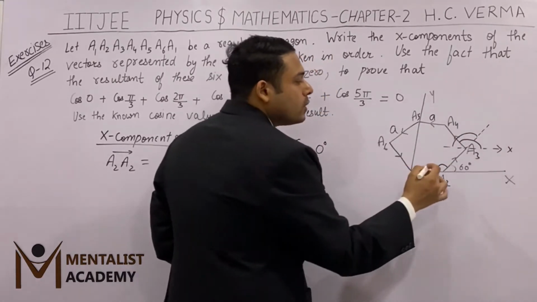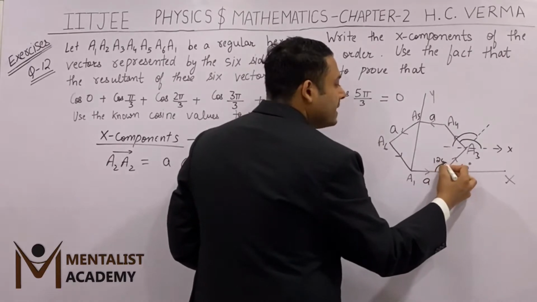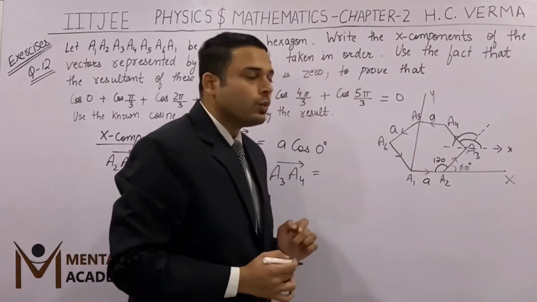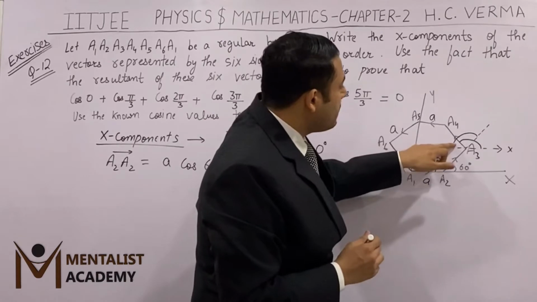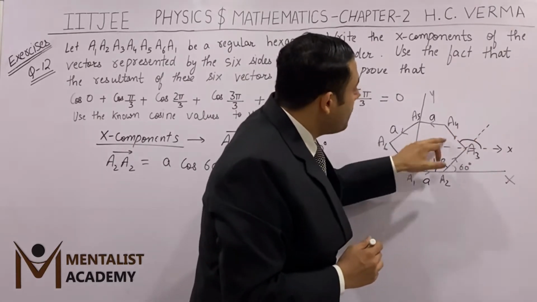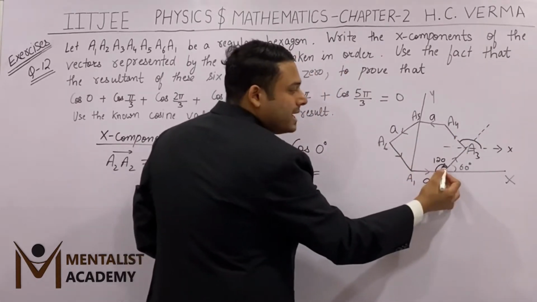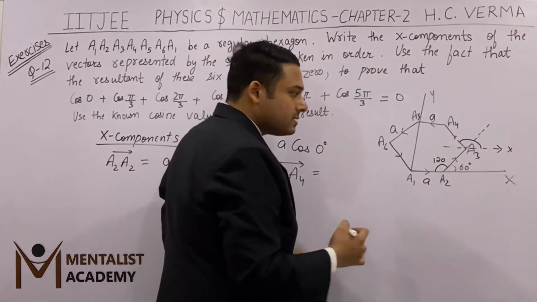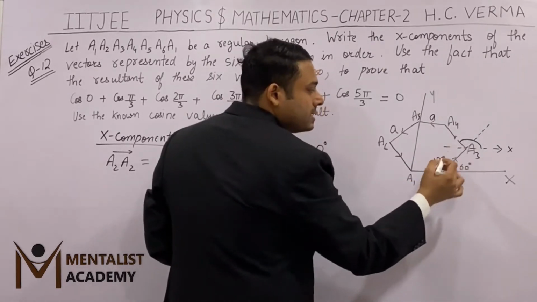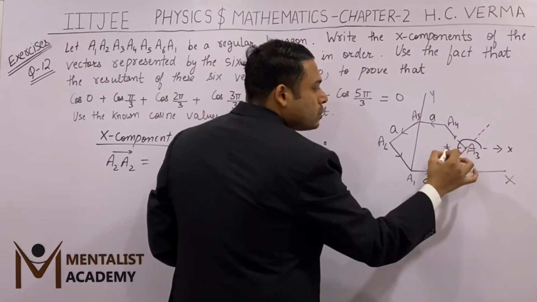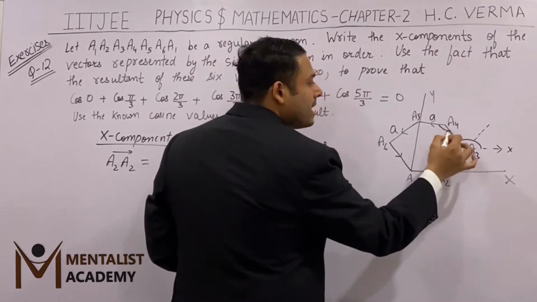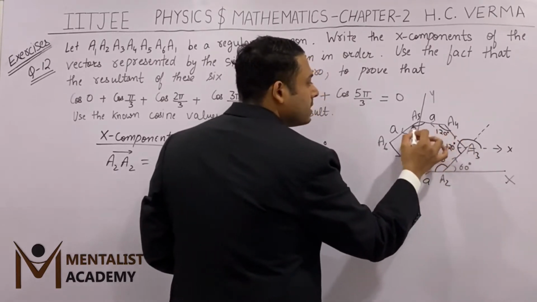Why? Because we know that a regular hexagon has angles which are equal to 120 degrees. So this angle is 120 degrees and this angle would also be 120 degrees. All the angles are 120 degrees in a regular hexagon.